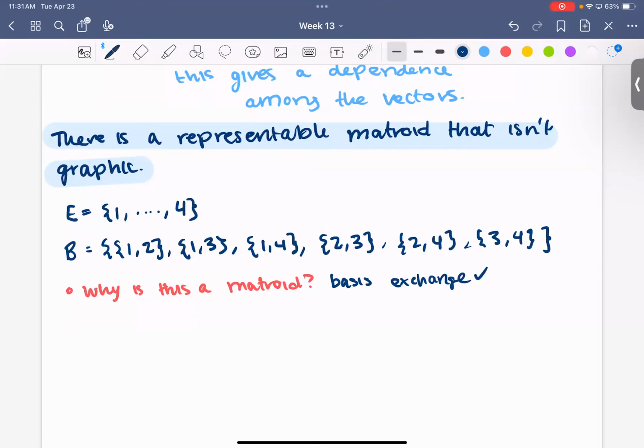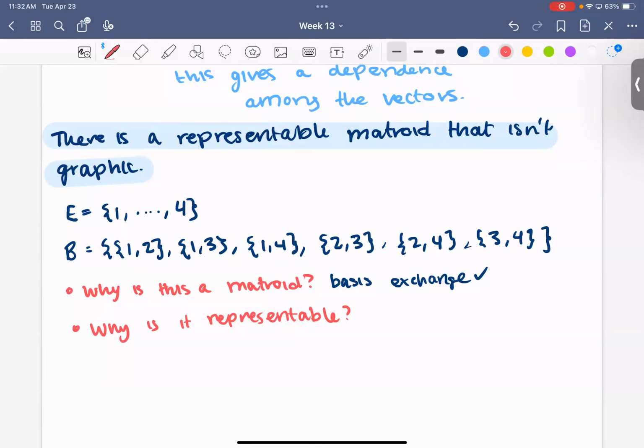Okay, why is it representable? So can someone think of vectors? Yeah, you can just have four vectors that are on the same line.